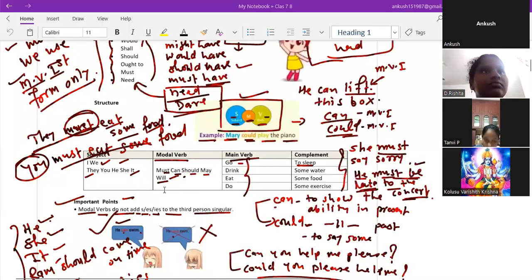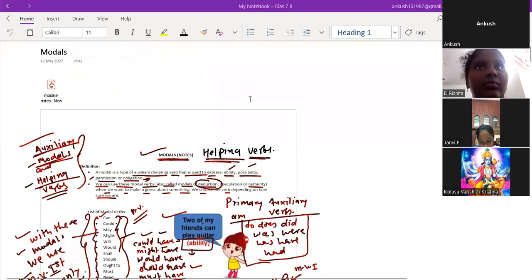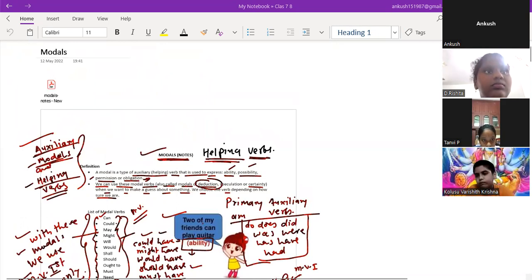Are you able to see the screen? Sir, only 4 members have joined. Only 4 students have joined the class. Yes, sir.